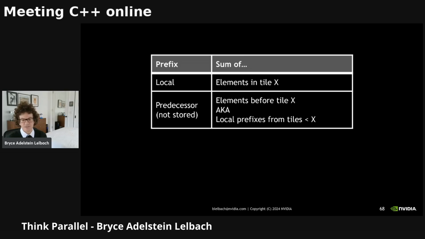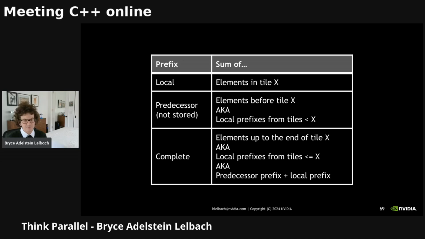Predecessor prefixes are the sum of all elements before a given tile, excluding the elements in the tile itself. Predecessor prefixes are returned from wait for predecessor prefix, but they're not stored in the descriptor. Instead, they are constructed on the fly. And complete prefixes are the sum of all elements from the beginning of the range to the end of the tile. A complete prefix is just the sum of the predecessor prefix and the local prefix.